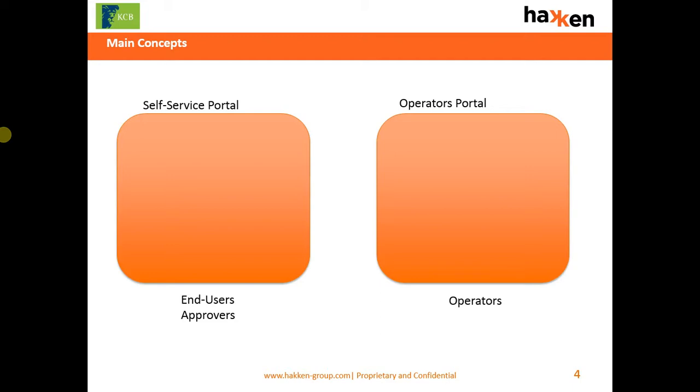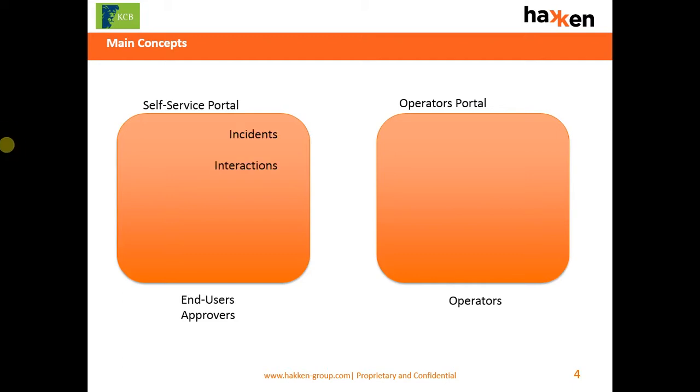So this portal will be used by the end users and by the approvers, every person that needs to approve. Usually, we are talking about head of departments, branch managers and SQC managers, okay? But since they can delegate approvals to another person, everybody can be an approver, okay?